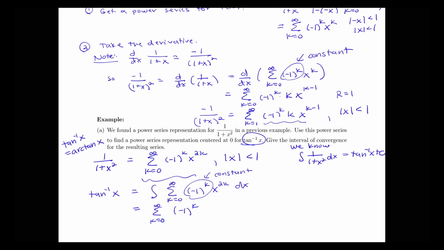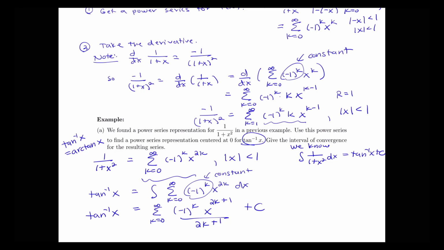So that's x to some quantity, that 2k quantity. So I'm going to have x to the 2k plus 1. We just add 1 to whatever our power is, and then I'll have that divided by 2k plus 1. Okay, and then I'll have that plus c.